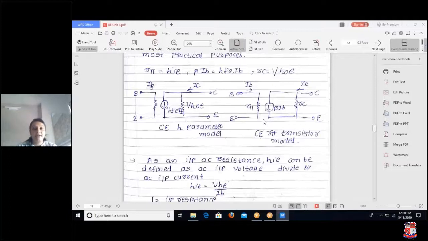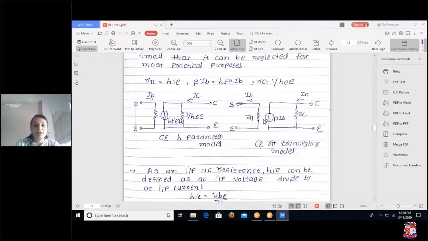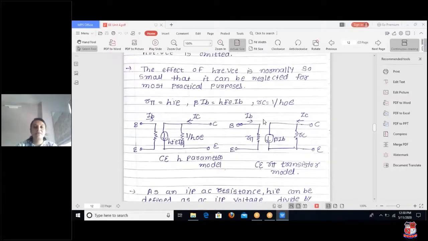Whenever we discuss the R pi model, the output-side generator HRE and VCE is normally small, so it can be neglected for most practical purposes.